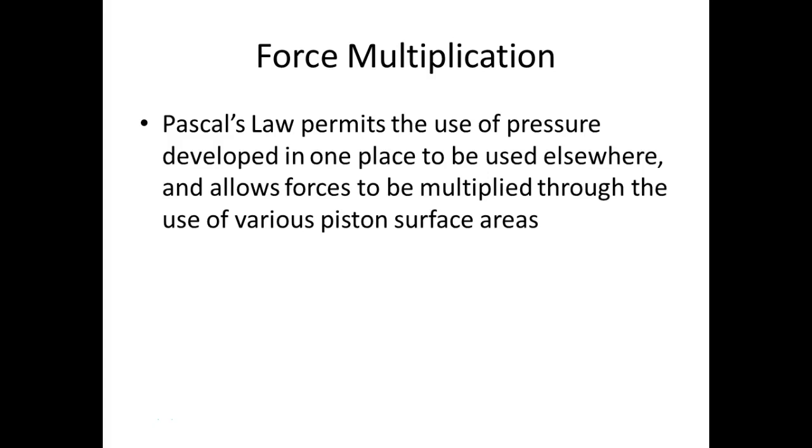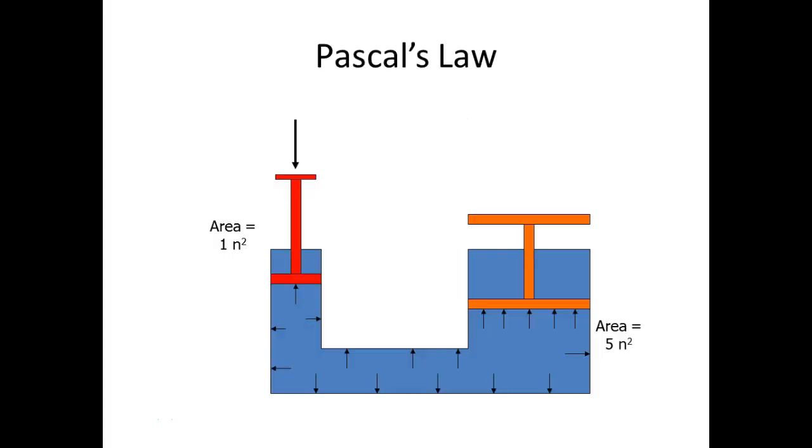And that's what we're going to look at. So here we go. They haven't solved for this, by the way. So notice our piston on the left has an area of what? We call that a square inch. So we say 1 square inch. And the piston on the right gives what? It's 5 square inches. Okay.